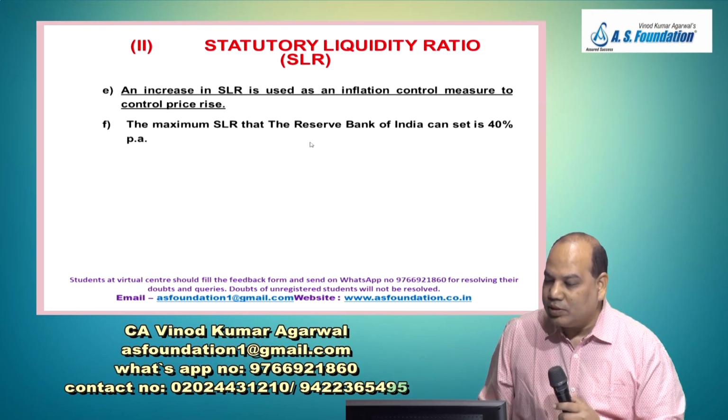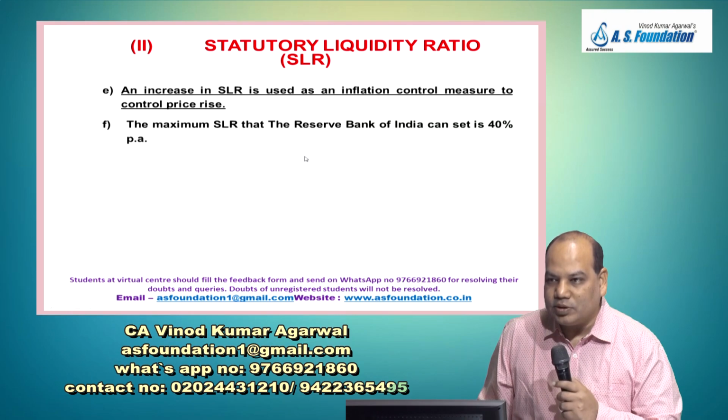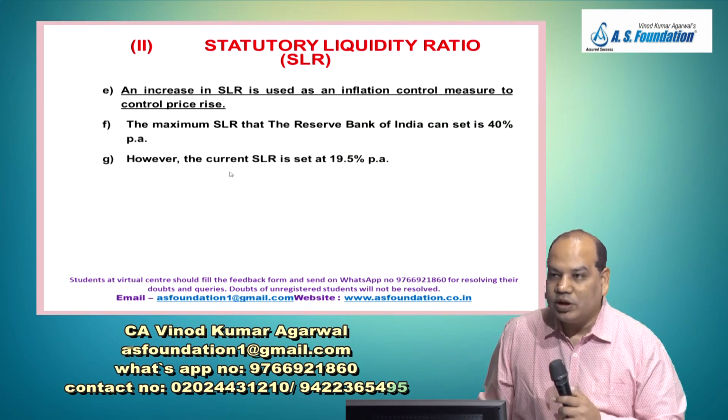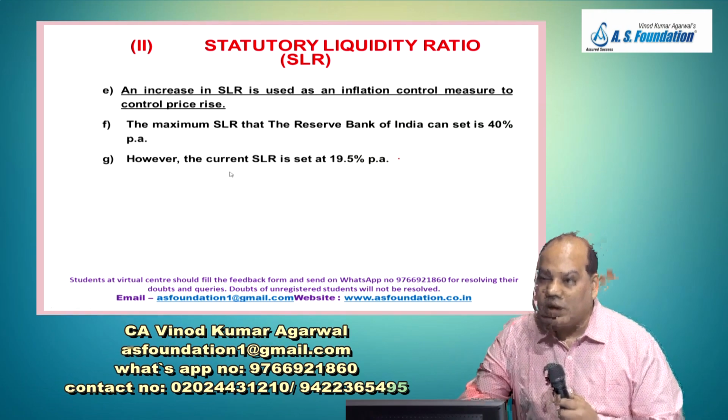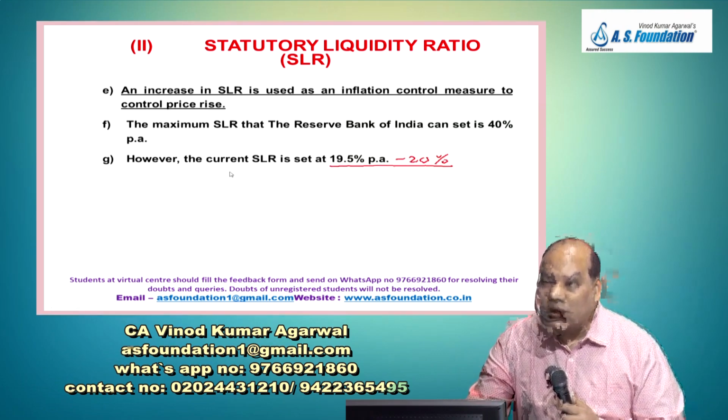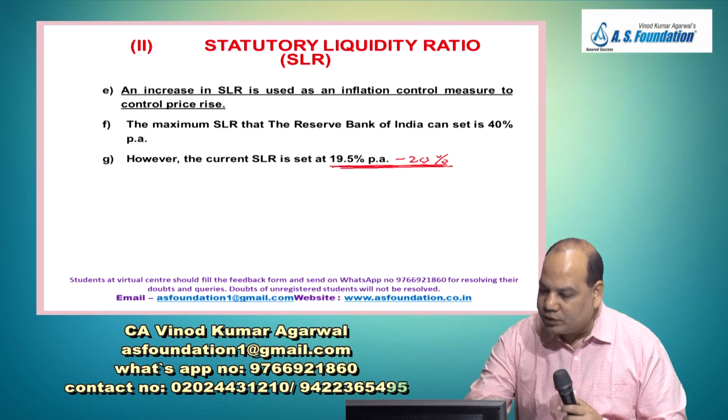Maximum SLR rules, how much RBI can increase SLR: up to 40%. But that is maximum. In some books it is written 20%. So this you have to check before you go to the exam.